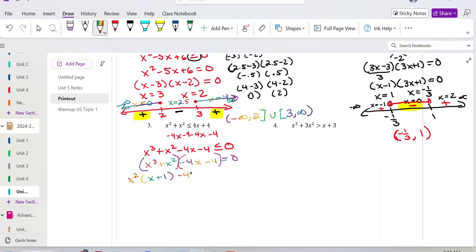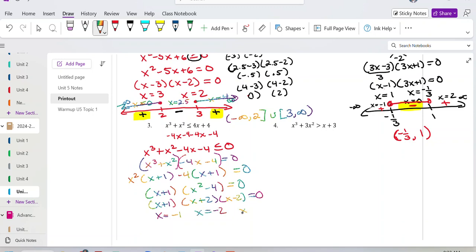Factor out the negative 4, you get x plus 1. And then that means it's x plus 1 times x squared minus 4. And remember, x squared minus 4 does factor to x plus 2 and x minus 2. So there are 3 numbers that make it equal 0: negative 1, negative 2, and 2.